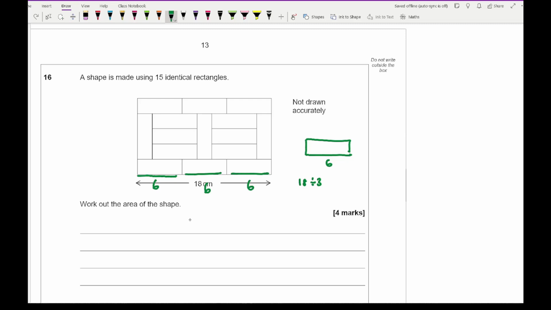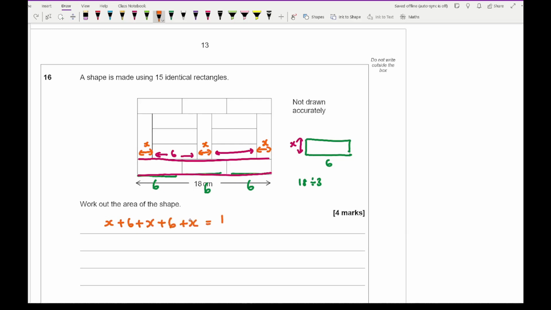Now the next thing for us to work out is what the height of that brick is going to be, which I'm just going to call x. Now in terms of this 18, if I look at this length here, I know this is 6 and I know this is 6, and if I label the width x, then I can write this expression of x plus 6 plus x plus 6 plus x equals 18.